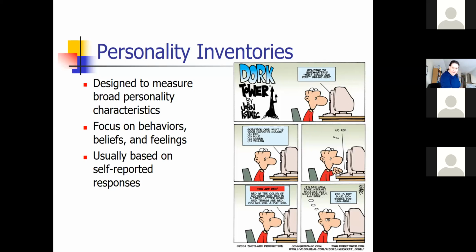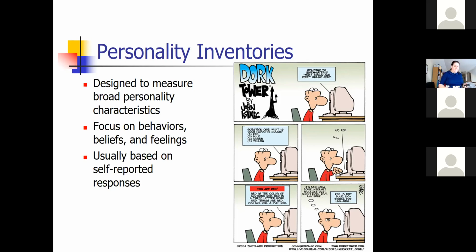Okay, so we were talking about projectives, right? And now we're going to start talking about personality inventories. So personality inventories have a ton of research behind them. Sorry, this is almost too high. You're seeing more ceiling than me. And so these are pretty widely accepted, and they're used not only in like a client is coming to see you for therapy type of ways, but they're used in our criminal justice system.